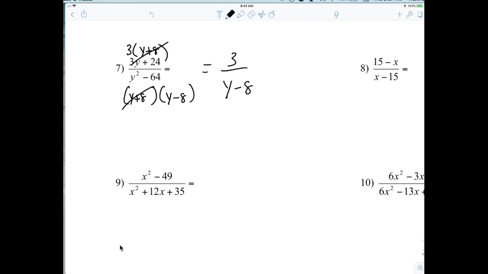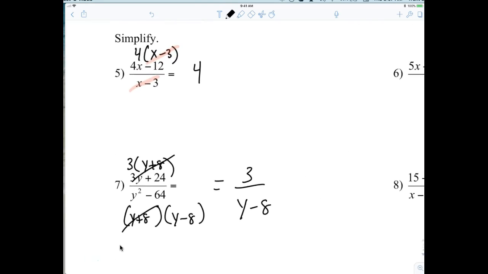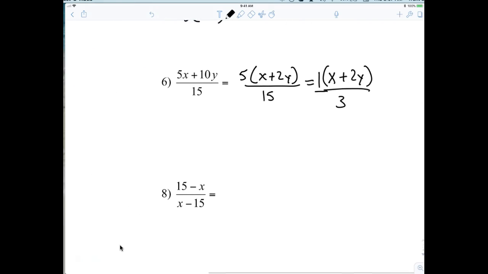Those things that are the same cancel out, not things that are different. The y minus 8 is different than the y plus 8. Every time we're canceling things that are exactly the same. The x minus 3 and the x minus 3 were the same. The 5 and the 15 reduces to 1 and 3.